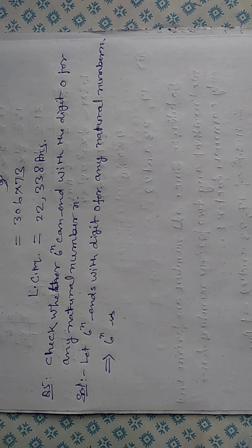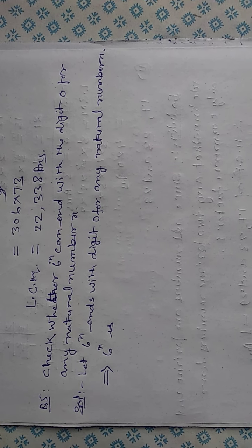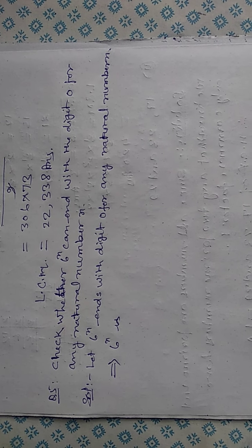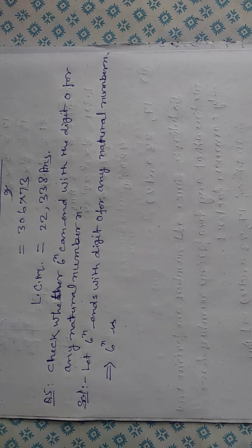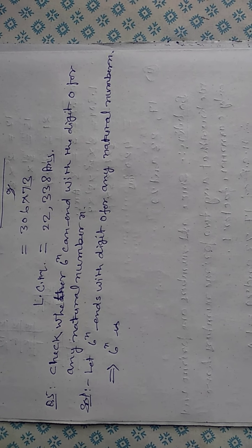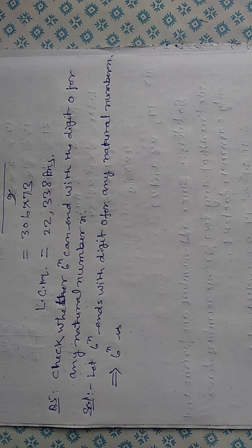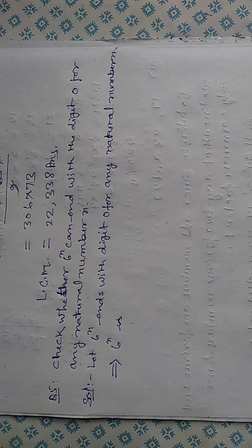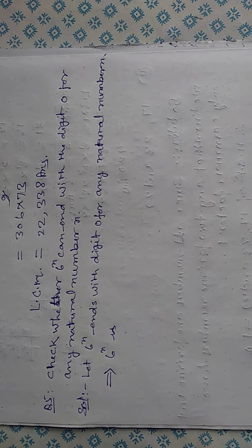For example, 10 ends with digit 0, the ones place digit is 0, and 10 is divisible by 2, 2 5s are 10, and 10 is also divisible by 5, 5 2s are 10. Similarly, 20 is divisible by 2 and 5 both, 2 10s are 20 and 5 4s are 20.